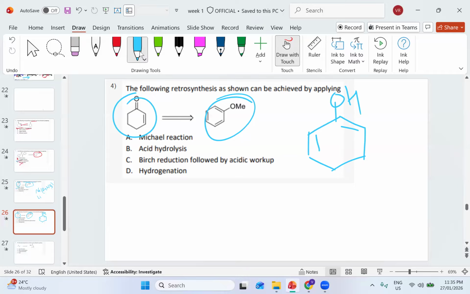We get something like this, right? Then if you do the acidic workup, this alpha beta unsaturated alcohol converts into the ketone just by tautomerization, right? So this is the product here.